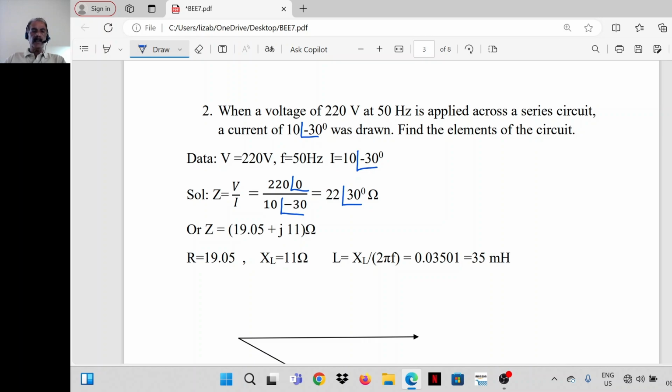The next question is, when a voltage of 220 volts at 50 hertz is applied across a series circuit, a current of 10 angle minus 30 is drawn. Find the elements of the circuit.